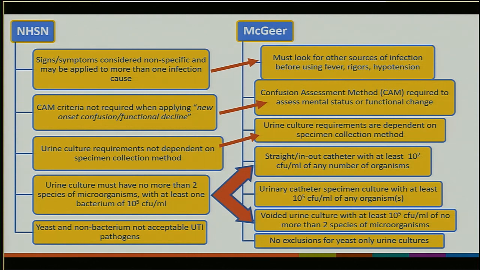So yeast is not considered an acceptable UTI pathogen when yeast alone is in the urine. If you have yeast plus a bacterium, then you can use that culture. But if you only have yeast, it does not qualify as a positive urine culture for NHSN. Versus McGeer, there are no exclusions for yeast-only urine cultures.